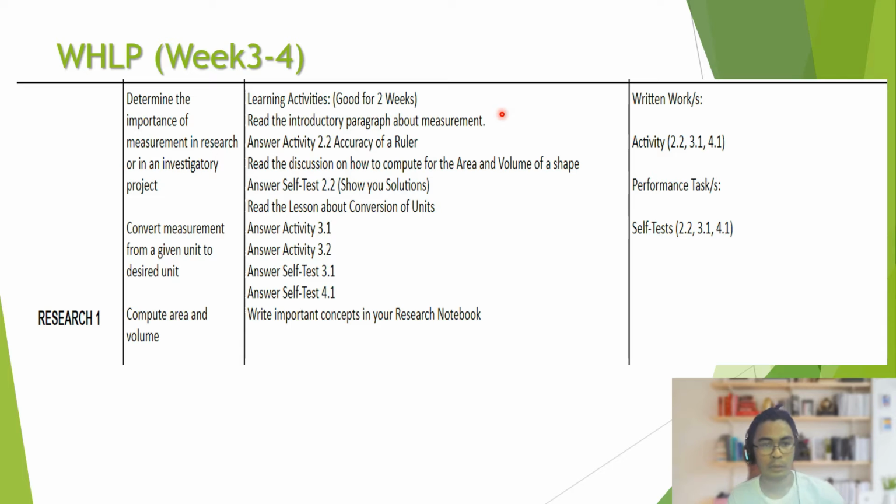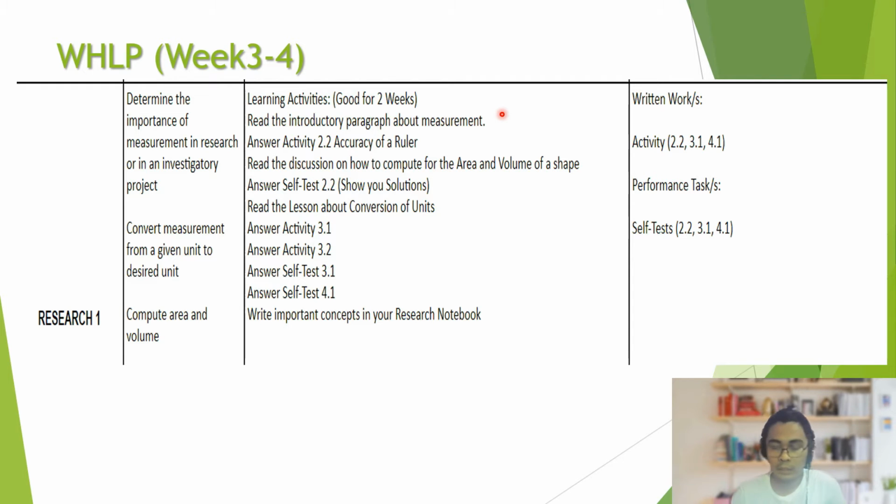Also, you need to read the discussion on how to compute for the area and volume of a shape, since, yun nga, we're dealing with measurement. And then after that, answer self-test 2.2, wherein you need to show your complete solutions. Okay? And then afterwards, read the lesson about conversion of units.